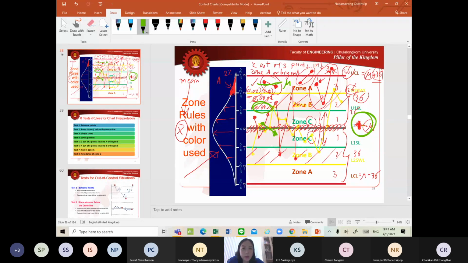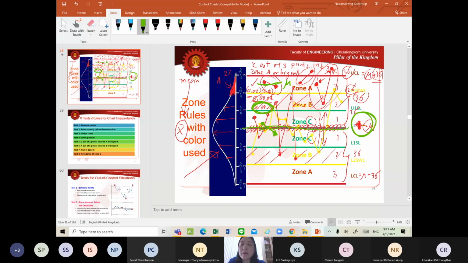But we have to keep in mind that if we conclude that the mean shifted up, which is more likely, we may conclude it wrong, because if the mean is at the center line at this point, you actually have 0.04% probability to detect this pattern also.